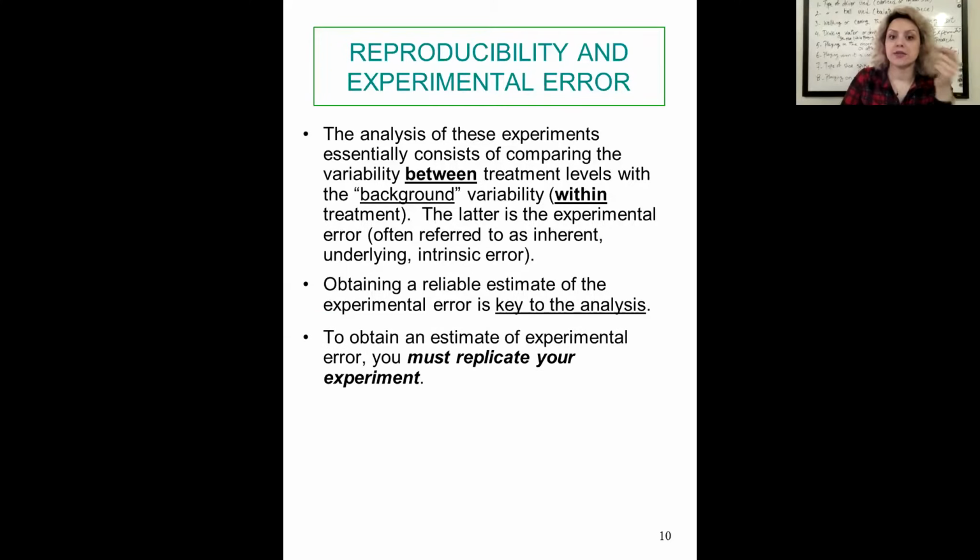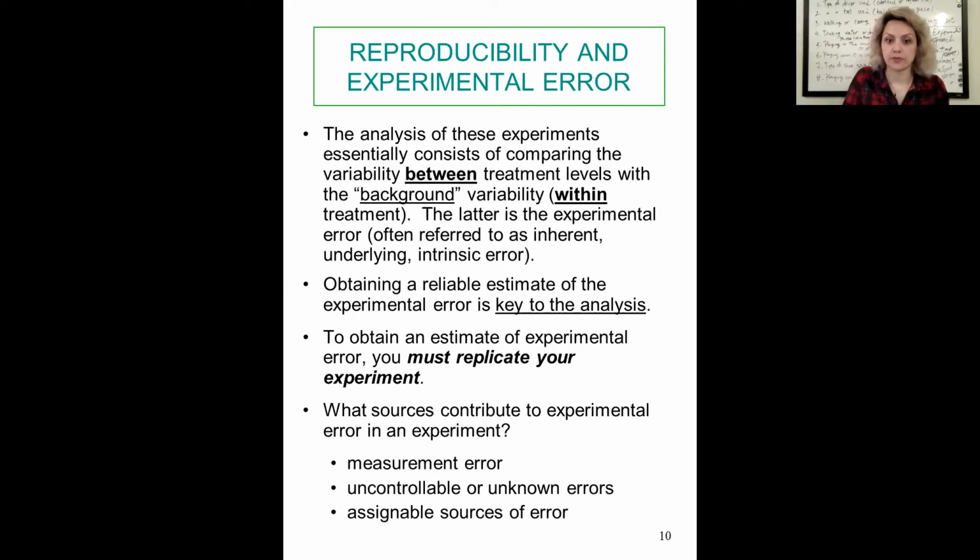To obtain an estimate of experimental error, you must replicate your experiment. And when we say replicate, it's from 0 to 10, the whole stage. You have to replicate the whole process, the whole experiment. Here we can say what sources contribute to experimental error in an experiment: measurement error, uncontrollable or unknown errors, and assigned source of error.